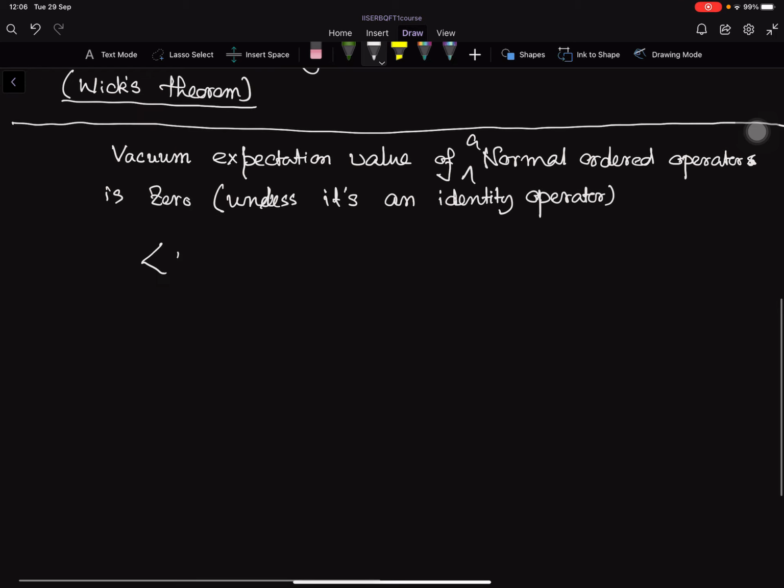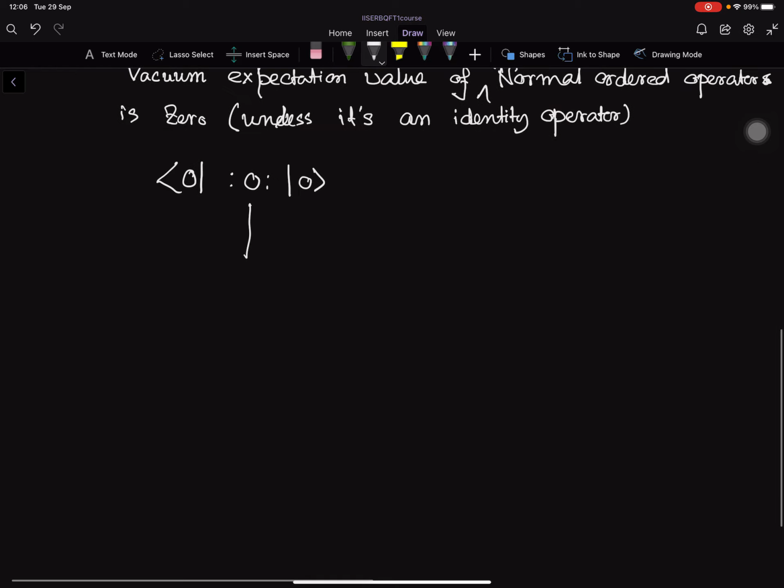Let's say we have a vacuum, and there is some completely normal ordered operator. So sorry, we should use our standard convention. Now, since this is not identity, then it is some polynomial of a and a dagger.